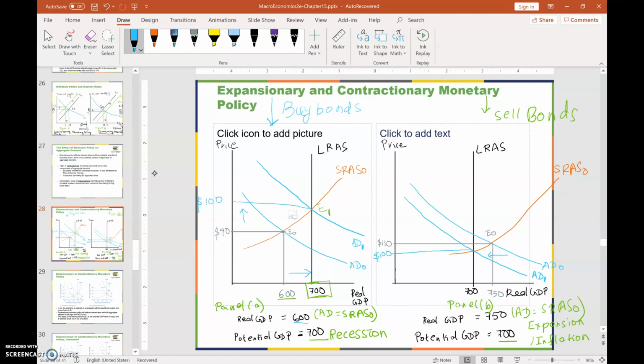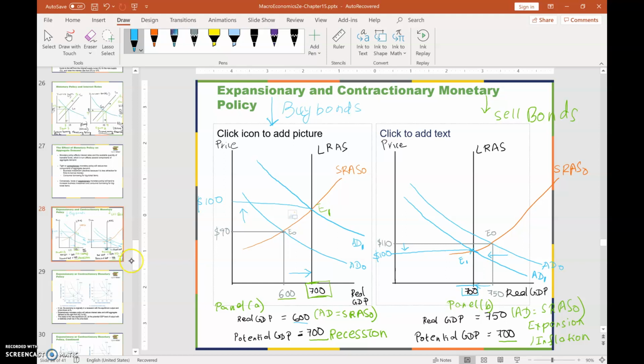When the aggregate demand shifts to the left, the price goes down and the real gross domestic product goes down to 700. We have a new point of equilibrium here, and at this point the real GDP is equal to the potential gross domestic product.